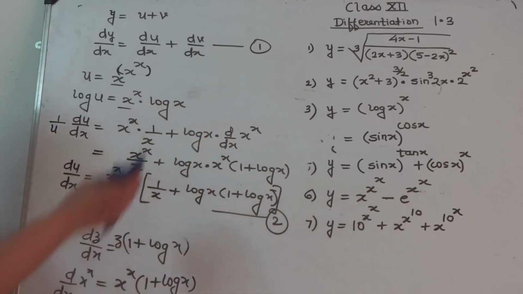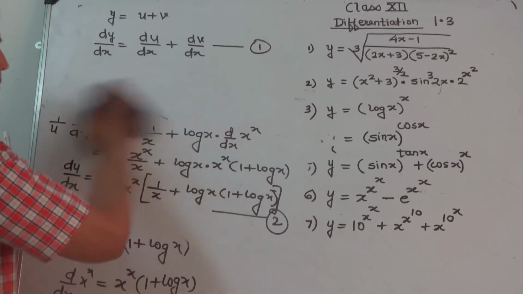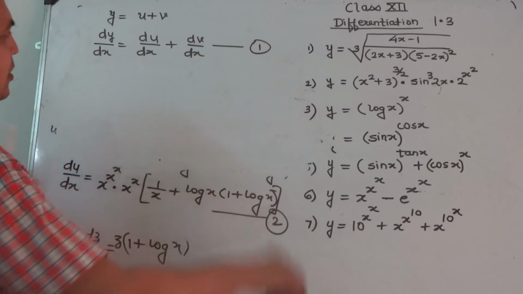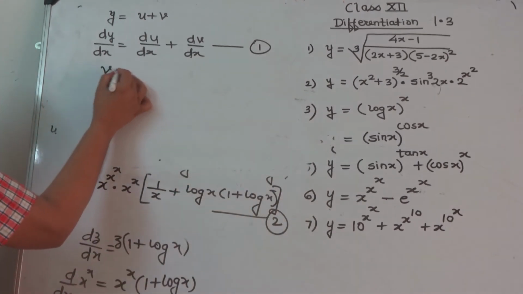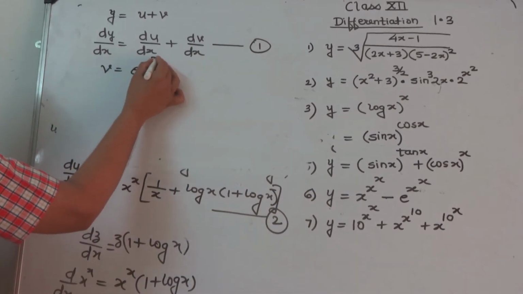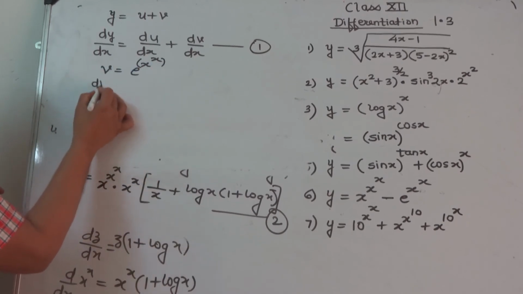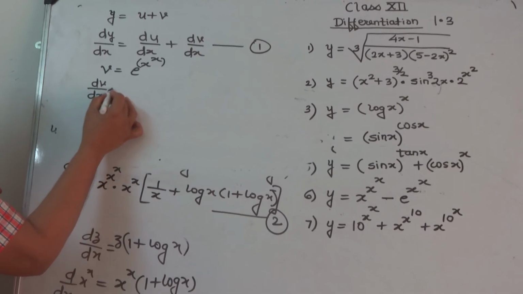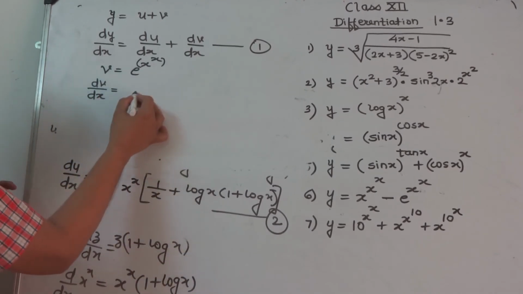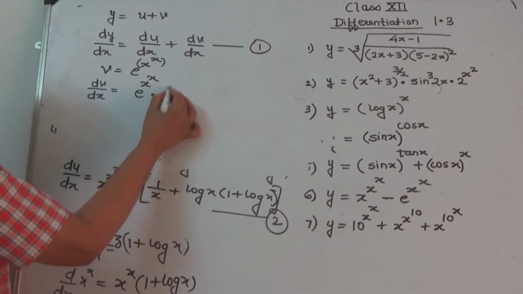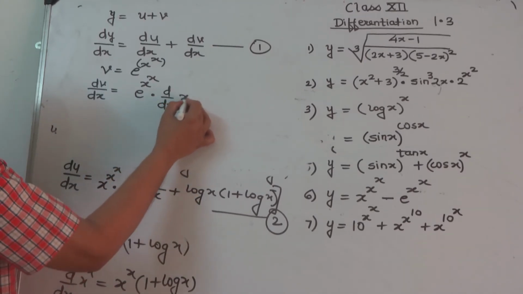So note this du by dx, and similarly we have to find now dv by dx. So let us solve that term now. See, what do we get? v equal to e raised to x raised to x. Now this is e to the power function of x. So we can directly write dv by dx equal to derivative of e raised to x is e raised to x, chain rule, into derivative of x raised to x.